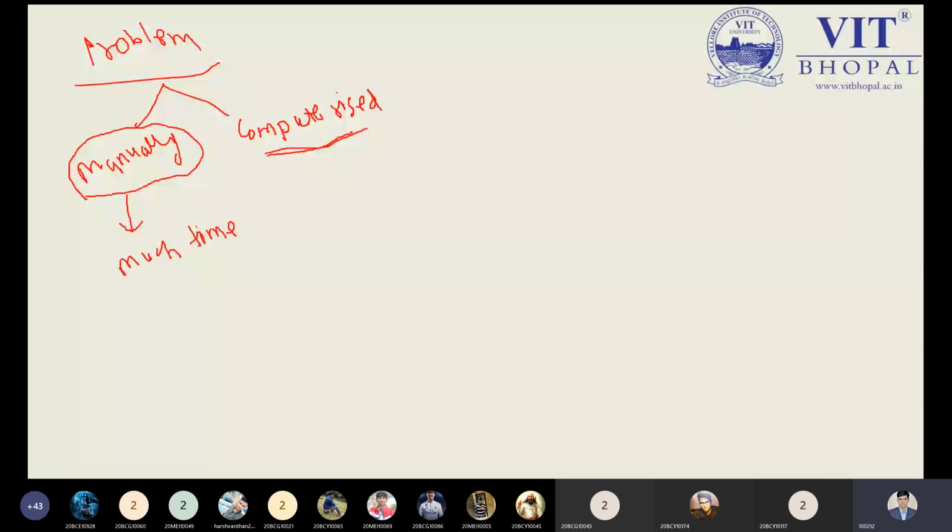First, it saves our time. Today I'm just typing using the mouse only, so it will be a little bit complex, no issue, but I will manage. Second, it saves our time, and it gives us accurate results compared to the manual way.